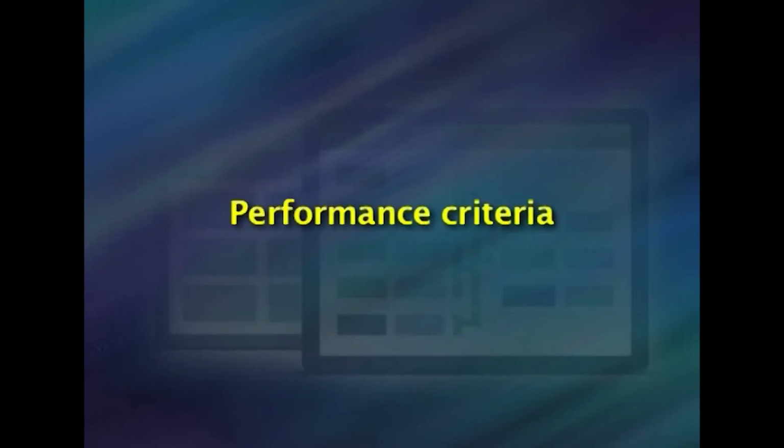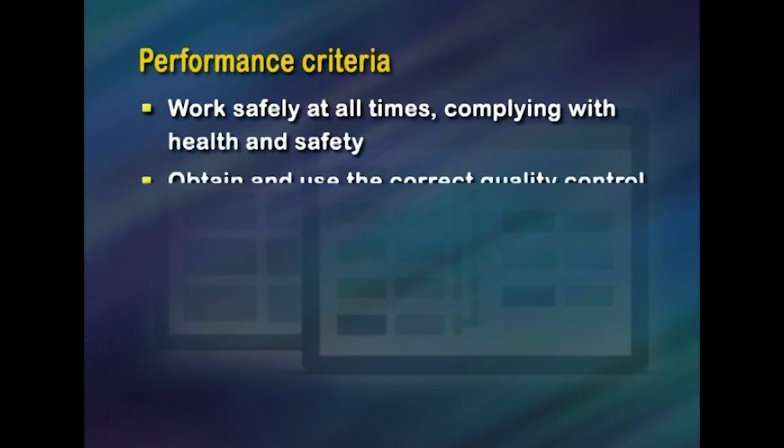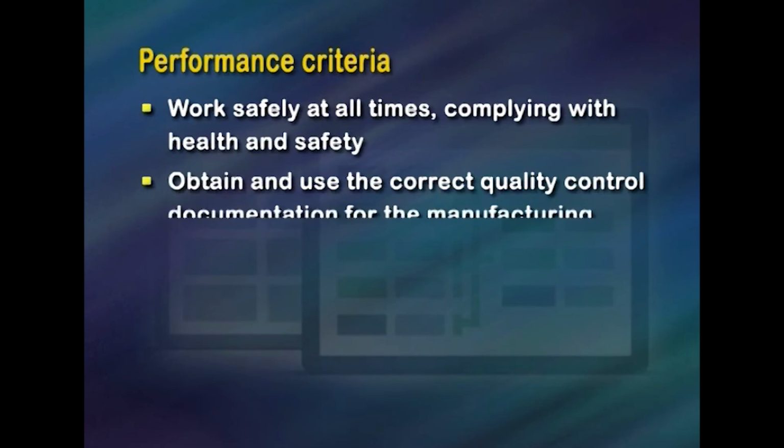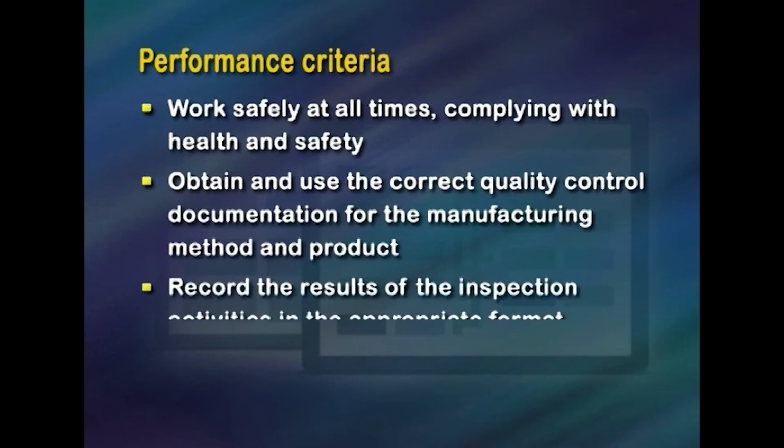Performance criteria. Under this you have different performance criteria. First one is work safely at all times, complying with health and safety. Obtain and use the correct quality control documentation for the manufacturing method and product. Record the results of the inspection activities in the appropriate format.